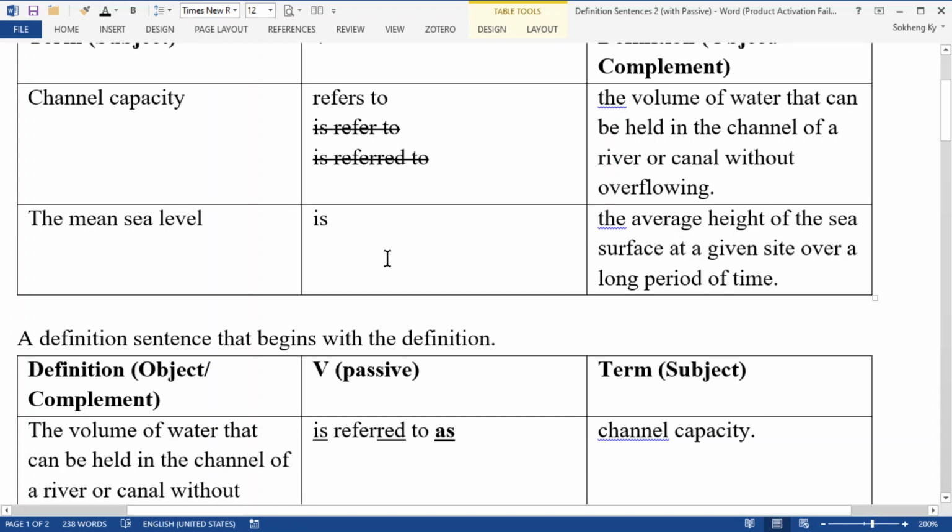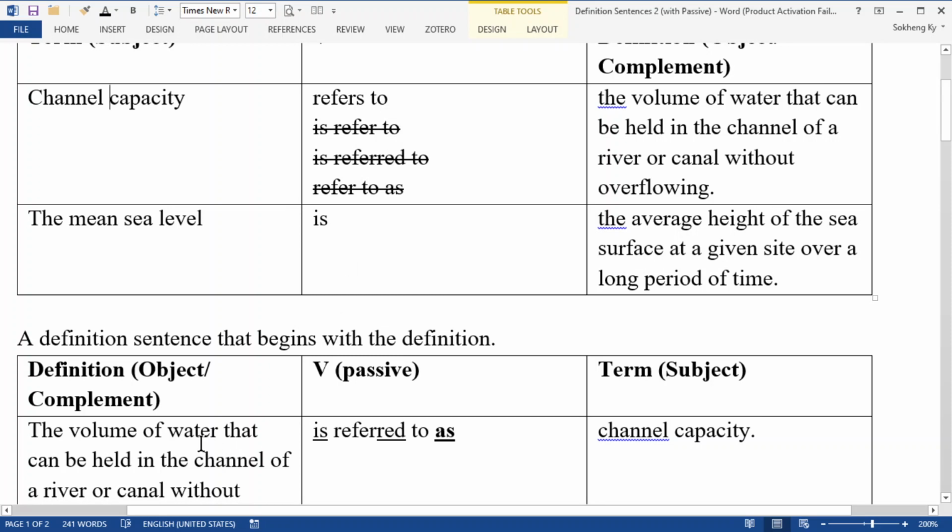And some may write something like this, no? Refer with that as, to, as. No, still wrong. So please try to remember only two, okay? When the subject is the key term, you use refers to.